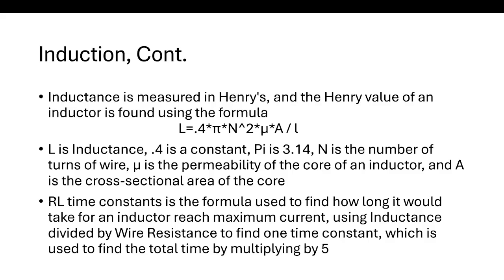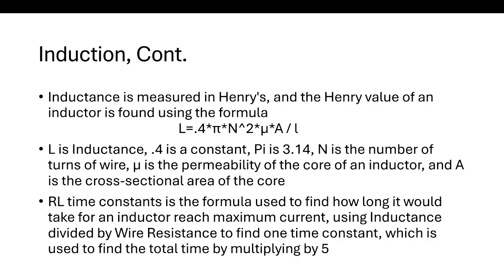N is for the number of turns of wire, which you then square. The micro symbol is the permeability of the core of an inductor, which you would be given normally. A is the cross-sectional area of the core, and I forgot to add this, but the lowercase l here is the length of the core itself.